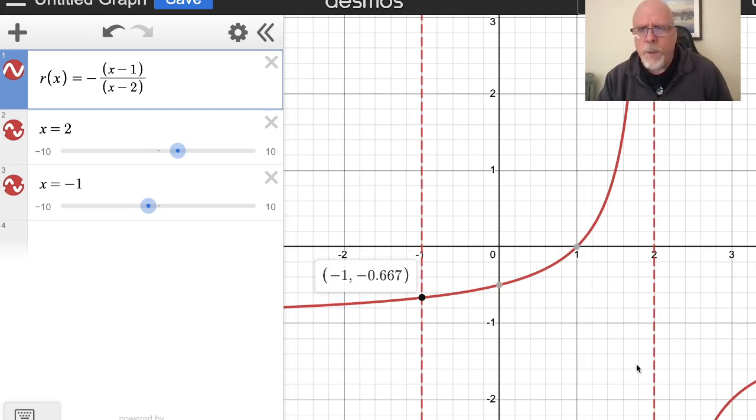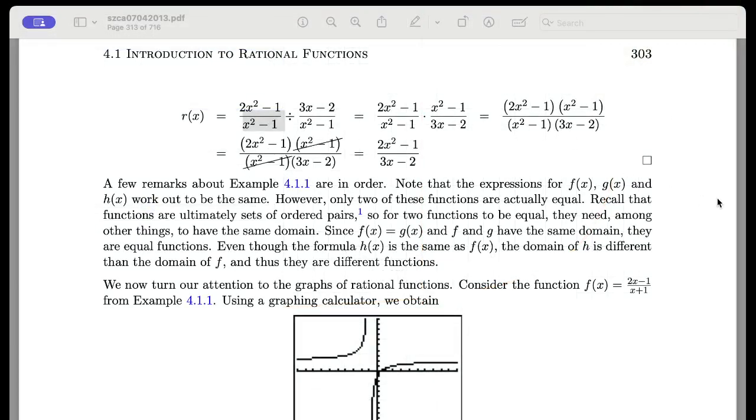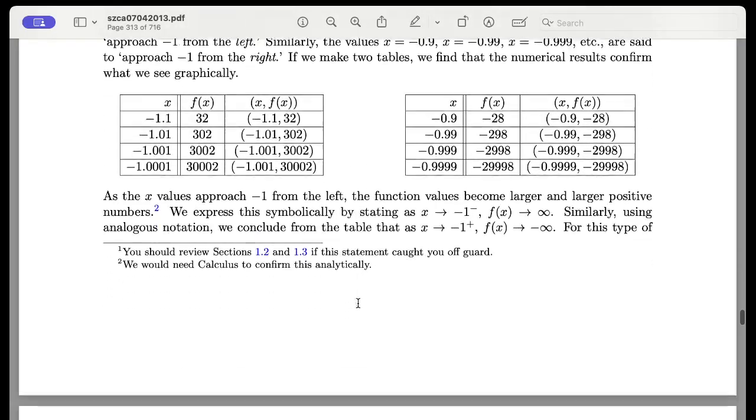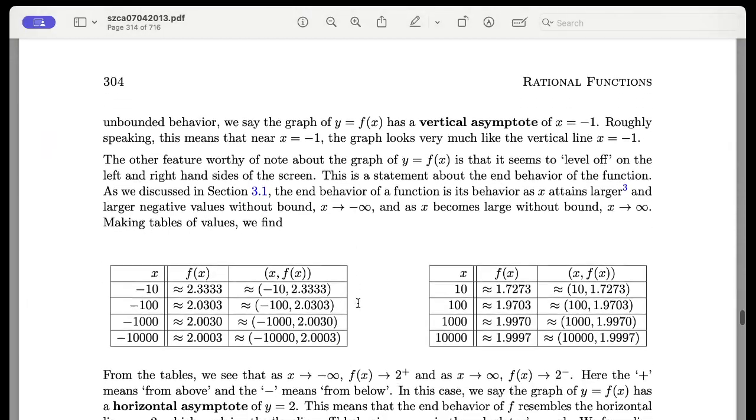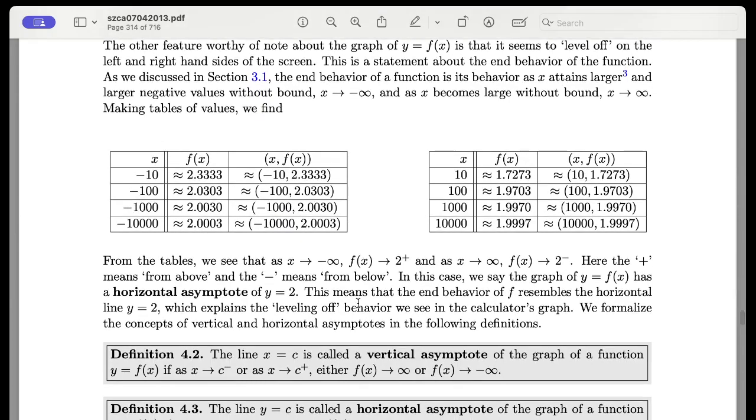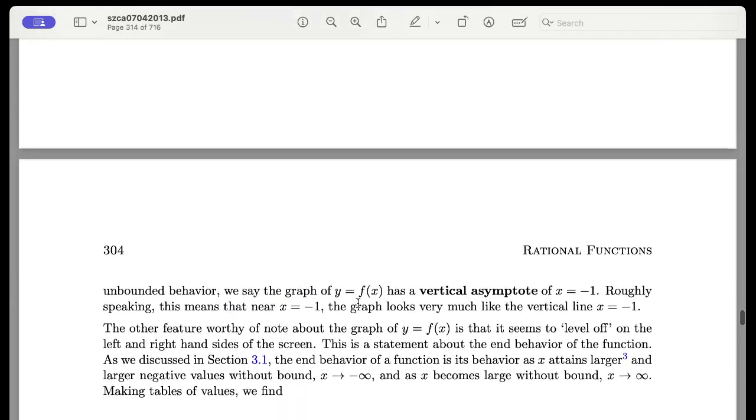Let's talk a little bit about how you would go about finding such things. Transition to the book here, and there's a whole little section on how you go about locating vertical asymptotes and holes in a graph.